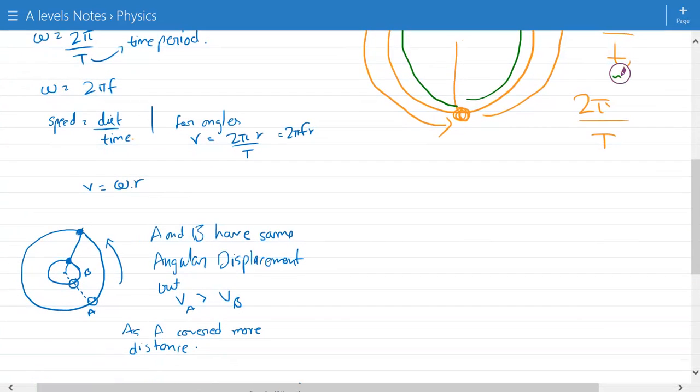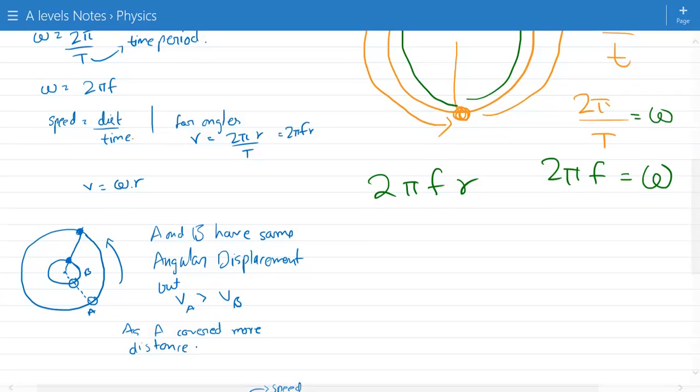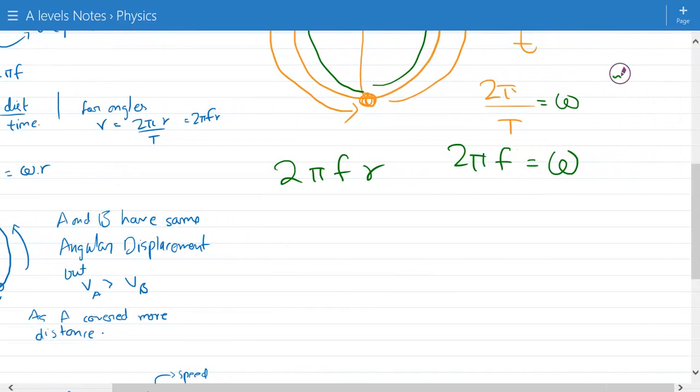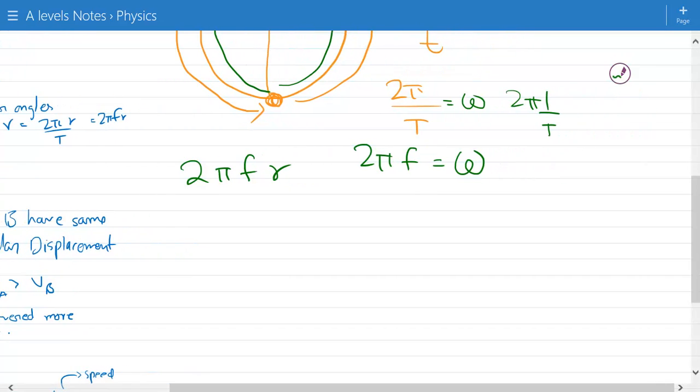But if you remember 2 pi f r, if you remember 2 pi f equal to angular velocity, didn't it? Because 2 pi over T equals angular velocity, and then with a simple derivation you could say 2 pi times 1 over T, and this becomes 2 pi f, right?